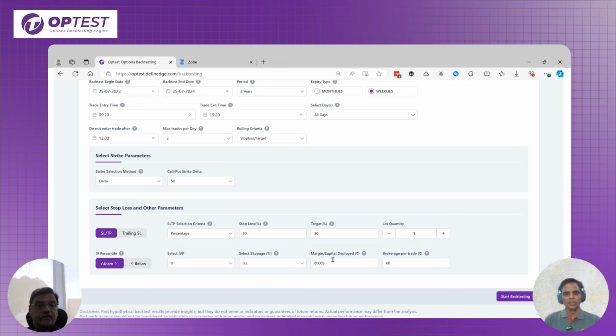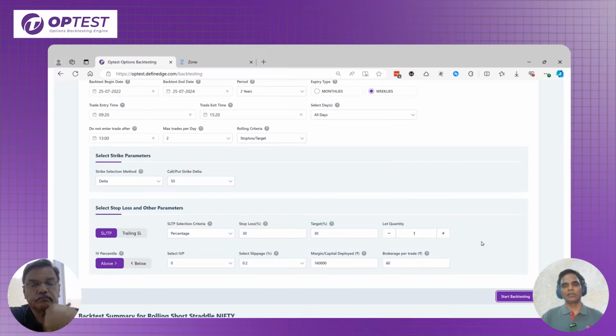Now similarly, we can have other adjustment based criteria. This is where user feedback is important. You can suggest what other adjustments you would like to see in this case. It could be something else that we are not aware of. Maybe you want it in some other strategy, iron fly for example, or iron condor.